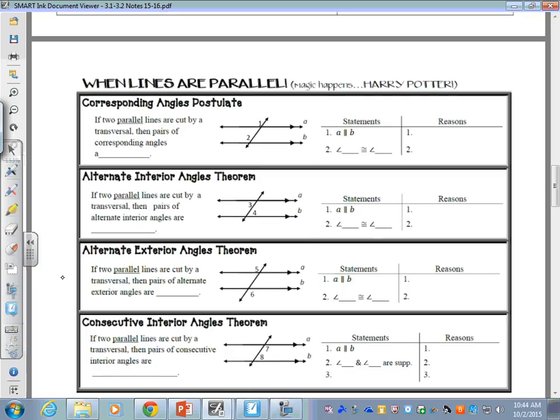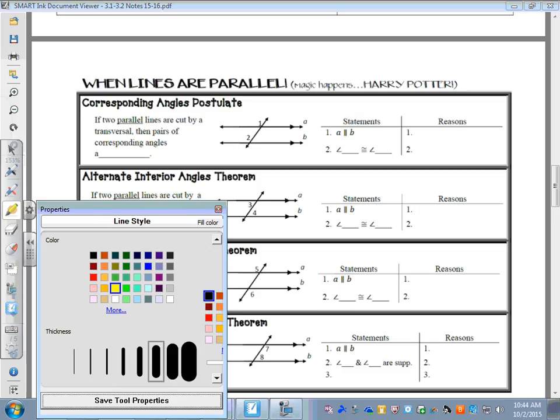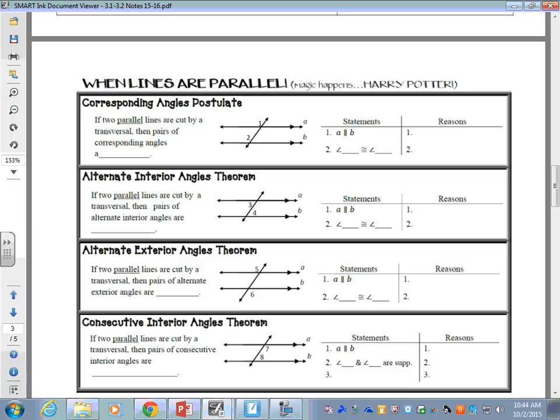After 11. All right, so now, you're going to have 4 new postulates, but they're not that hard because the relationship is still the same, okay? Corresponding angle postulate, that's 1. And then we have alternate interior angle theorem, alternate exterior angle theorem, and consecutive angle theorem, which I like to just call same side interior angle theorem.